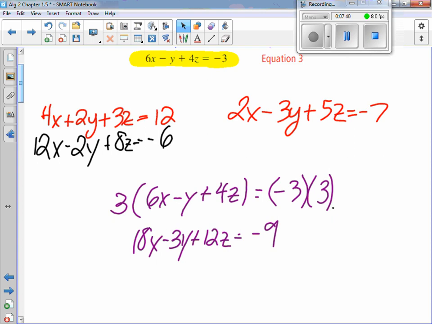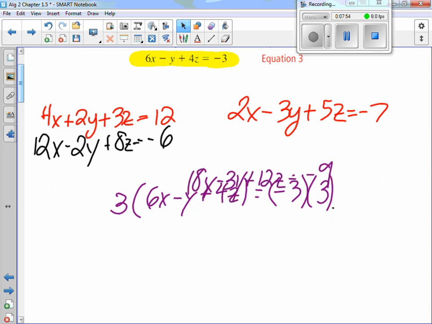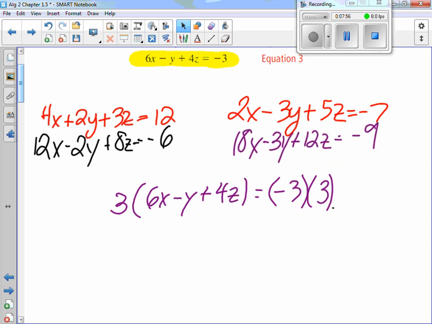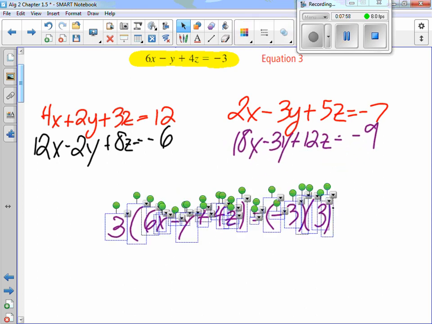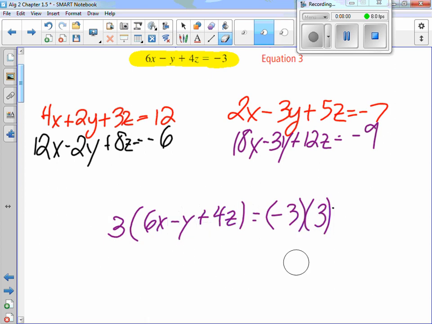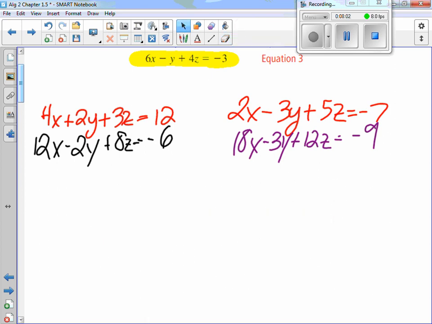So again, we're multiplying by that scalar so the y values, not so much the sign, I don't care too much about the sign, but the number is the same. The number in front of y is the same. So we have 3 and 3. The operation we'll have to use will be different, because if the signs are the same, we're going to subtract. If the signs are opposite, we're going to add.